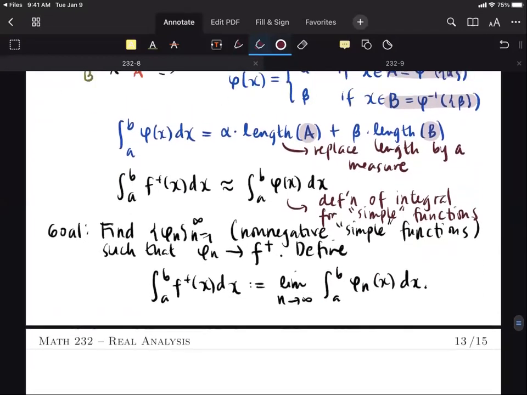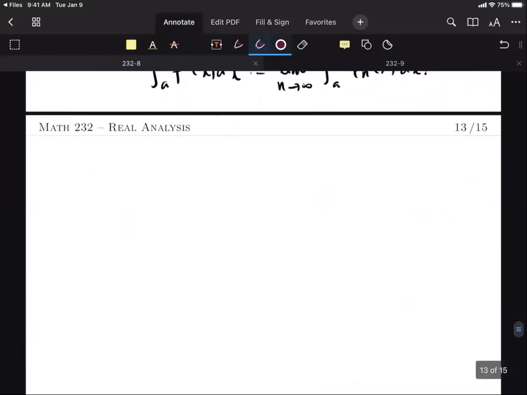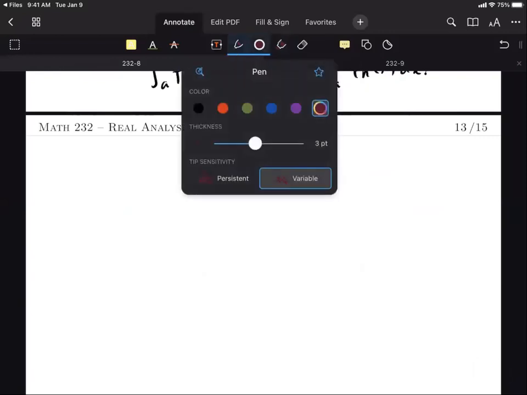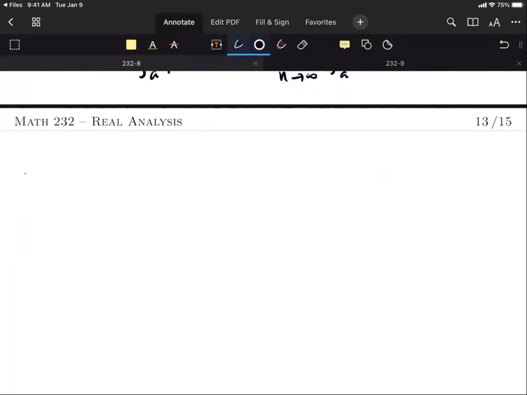So with this discussion, we would like to provide definitions of the Lebesgue integral.